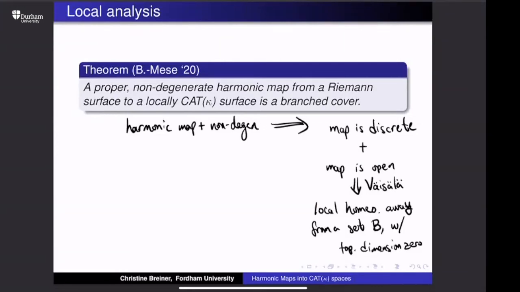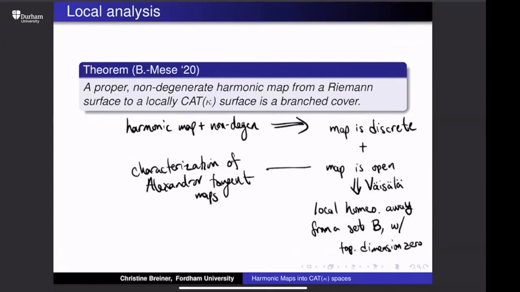The harder thing to figure out, and the reason we wound up having to add the hypothesis of surface, was to get that the map is open. So to get that the map is open, we actually use a characterization of what are called the Alexandrov tangent maps. And so this shows the map is open.